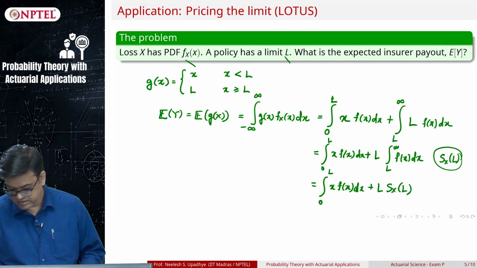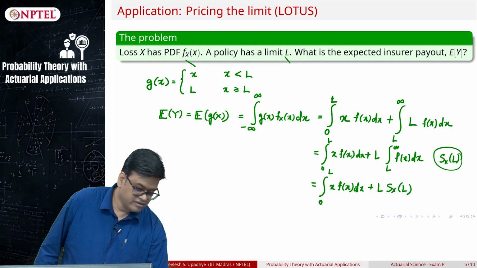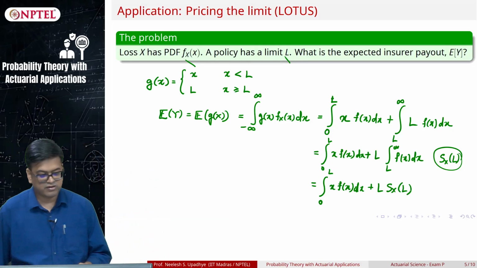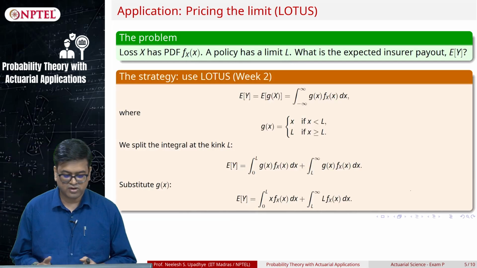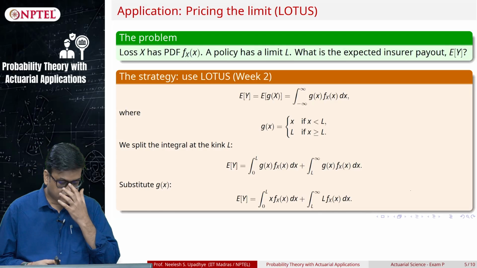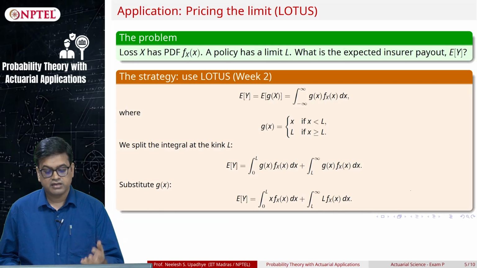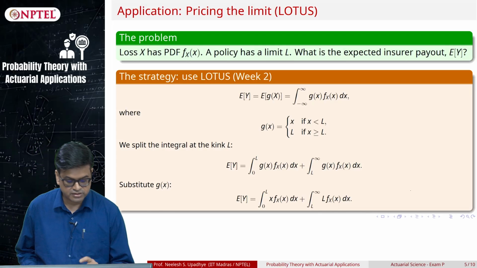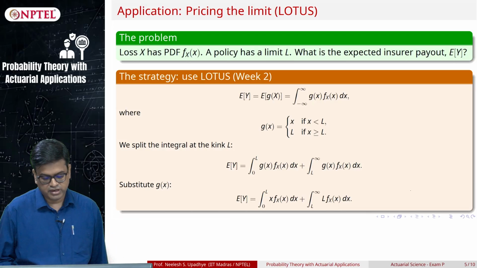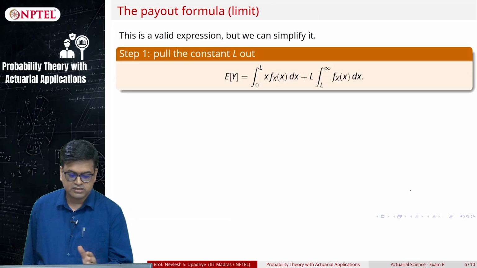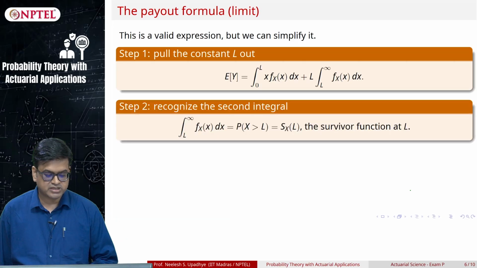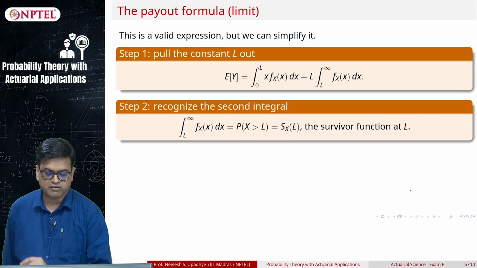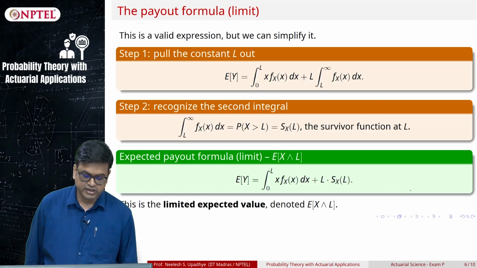Let us understand it step by step in the way I have written it here. Basically, I used the law of the unconscious statistician and evaluated this function. After that, I took the constant L out and expressed it in terms of the survivor function. That is the idea.